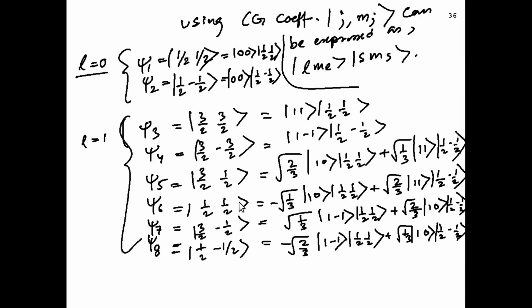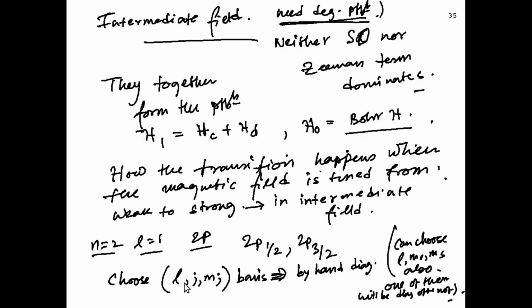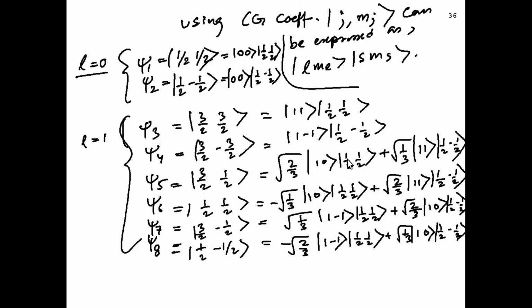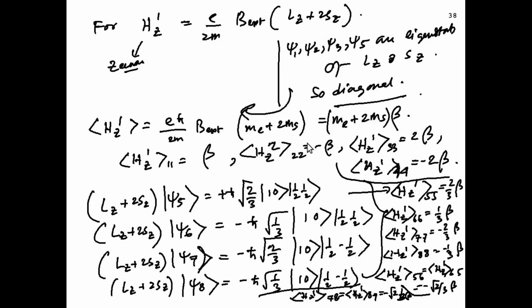It is very easy to see that these are the ones which do not have any L, ML type of mixing, because you remember we are writing everything in the L J MJ basis. When I calculate the spin or the external magnetic field, it is easy to calculate in this basis, and in this basis there is some mixing. So, these 4 terms will have some mixing and they will not be diagonal.